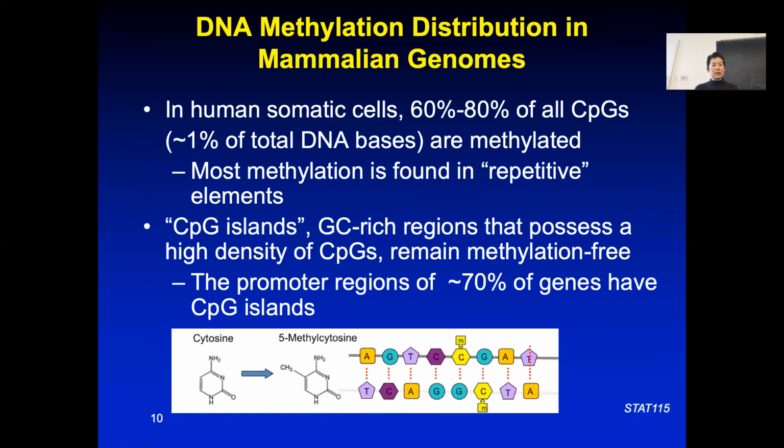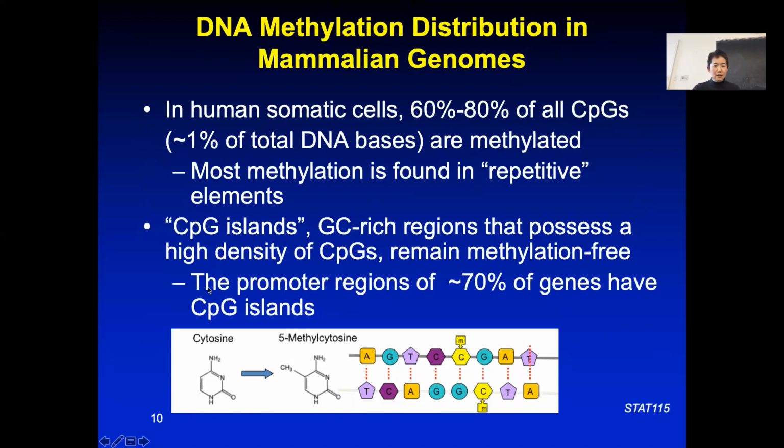Only in these regions, for some reason, the CGs are maintained and they can be either methylated or unmethylated. So most of the repetitive regions are methylated, but otherwise it's these CpG islands. These are CG-rich regions with high CG density. Sometimes they are methylated, but sometimes they remain methylation-free.